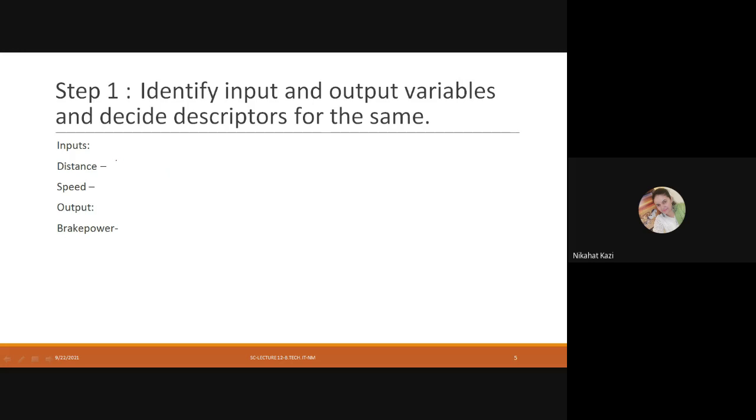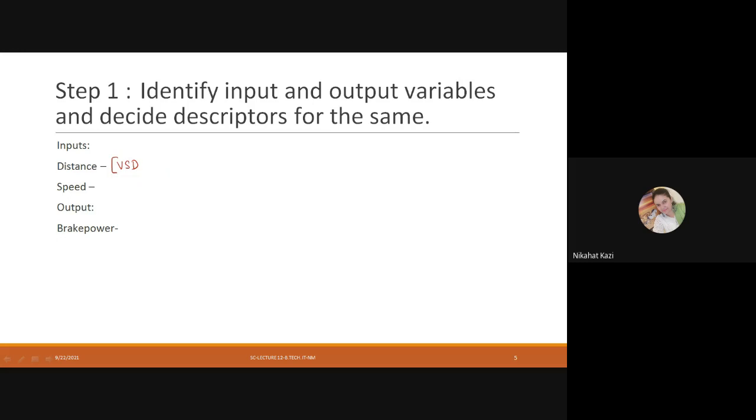Since there are 4 descriptors for each variable, the descriptors for distance could be very short distance left. Basically the train is approaching the station and the brake has to be applied. So what is the brake power that is required so that it halts? That is the problem that we are trying to solve.